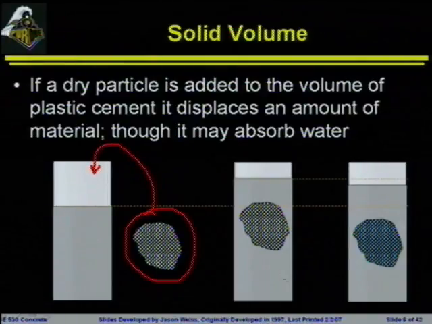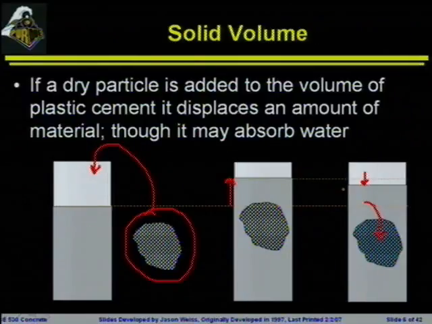And when I do that, the overall volume of the system is going to rise. We're going to have a rise that's equal to the external volume of the aggregate. Over time, however, that system will begin to shrink or settle down because water is going to leave this paste and it's going to start to fill in the pores inside of that aggregate.